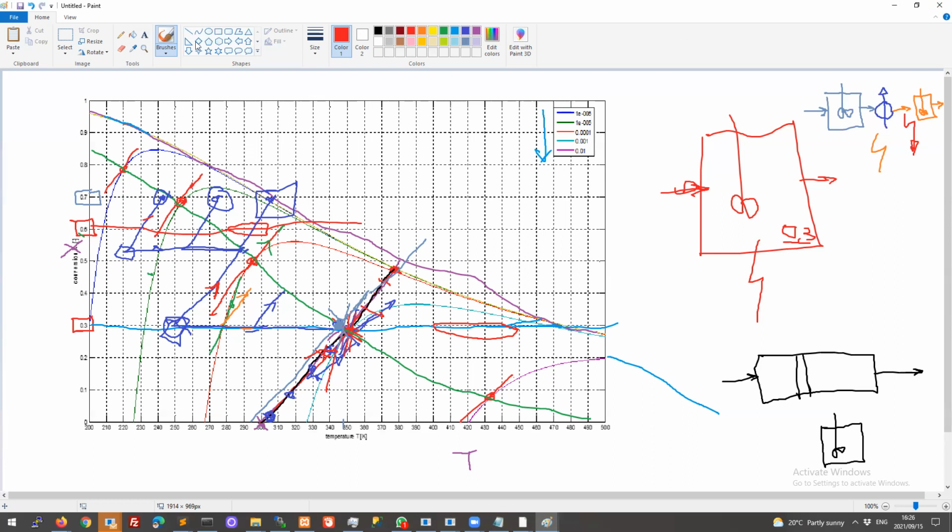Right, so the reason is that we are drawing our bounding boxes, right? Our first energy balance was written across this bounding box. Our second energy balance is written across this bounding box. It's not written across this individual reactor.